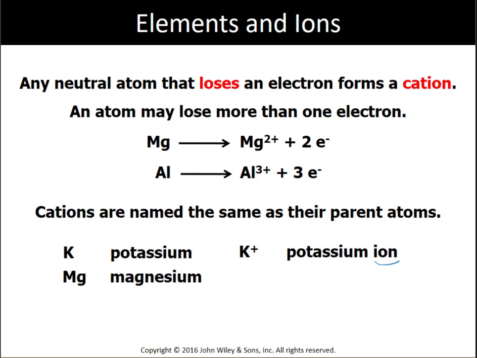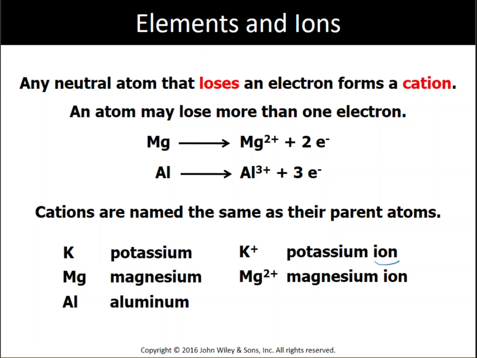Magnesium in an elemental form, with no charge, neutral, is just called magnesium or magnesium metal. Now, if magnesium loses 2 electrons and becomes magnesium 2 plus, it's called magnesium ion. Aluminum in an elemental form is just called aluminum.